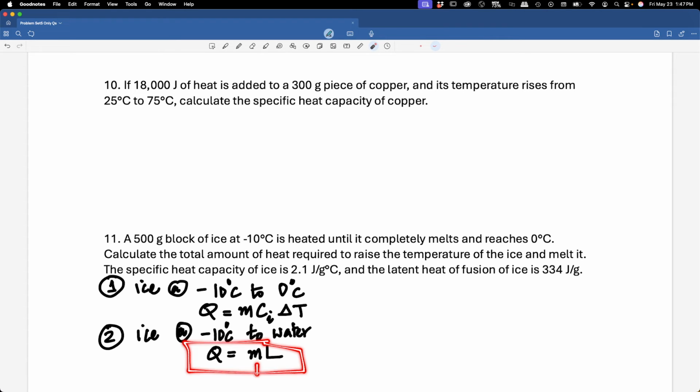Q is mass times latent heat, and that's given. So always remember that whenever there is a change of phase, like melting or water boiling and becoming steam, in all these cases of phase changes, you have to use this special formula. But if it's normal heating or cooling, then you would use this formula.